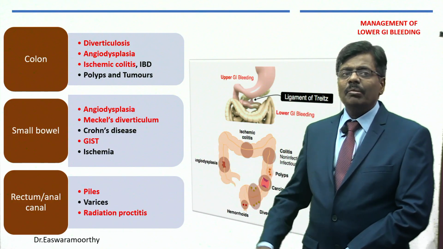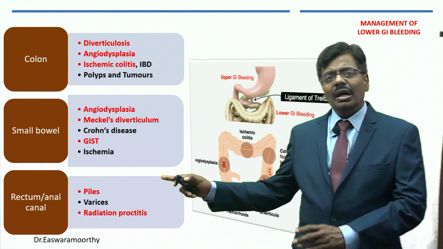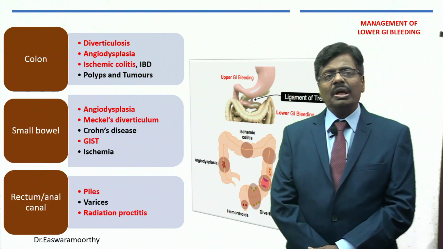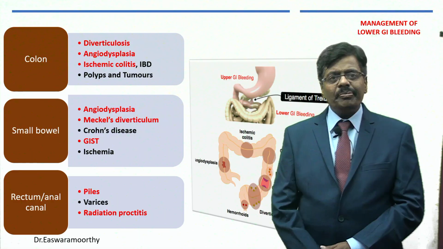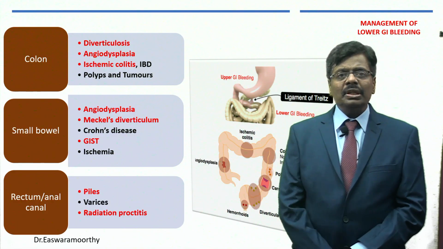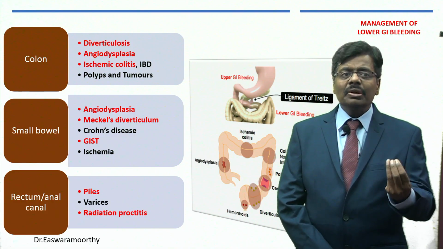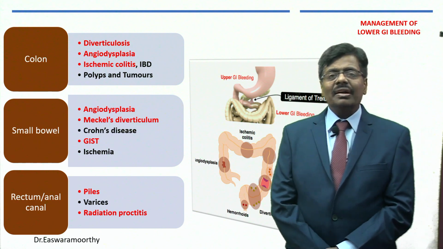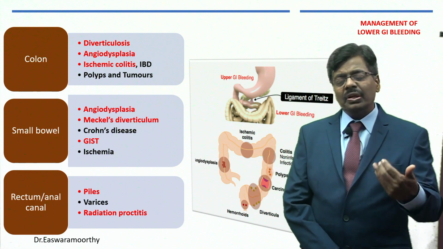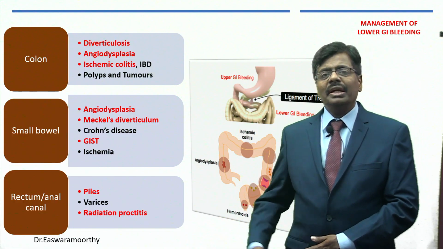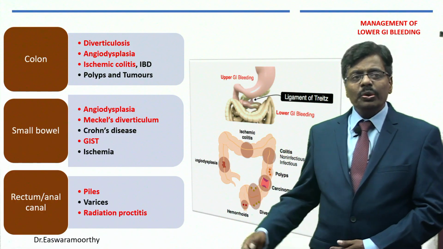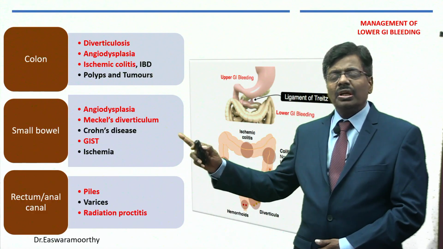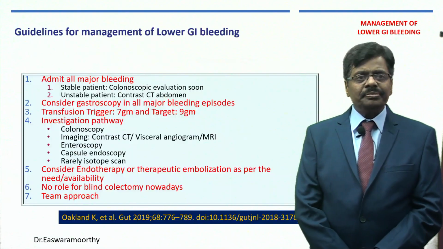In children, Meckel's diverticulum; in the 2nd, 3rd or 4th decade, GIST tumor, all these things are possible. And never forget the possibility that the patient may have a seemingly simple internal piles, rectal varices, or radiation proctitis because of previous radiotherapy for carcinoma cervix, presenting as lower GI bleeding. So, you need to do a proper rectal examination and proctoscopy before venturing to evaluate for other causes.